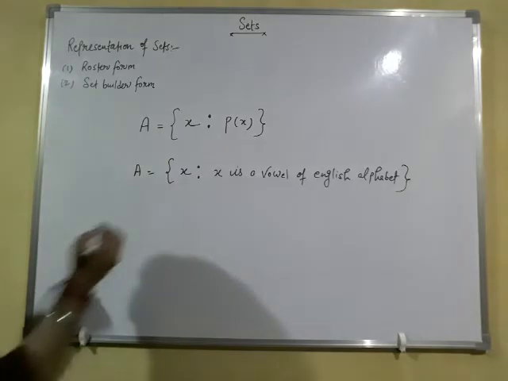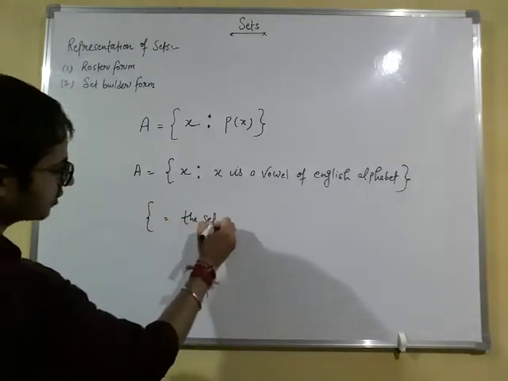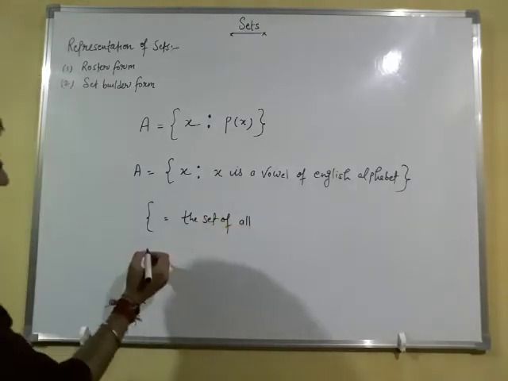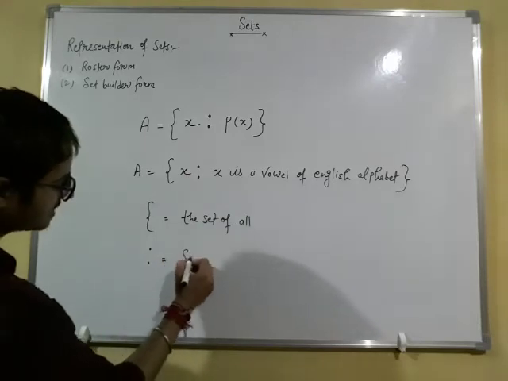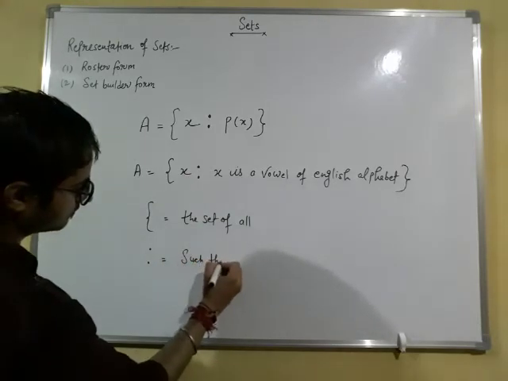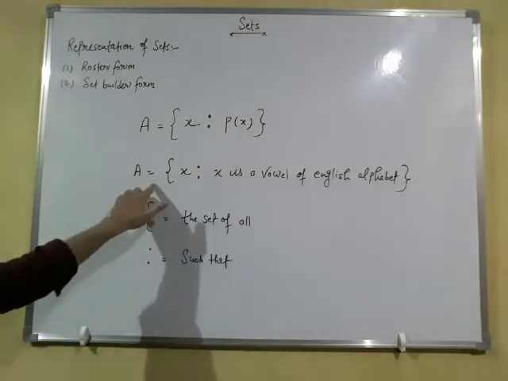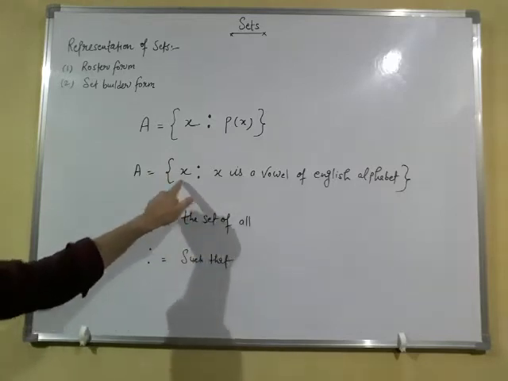The meaning of braces is the set of all. Colon, the meaning of colon is such that. Okay, so you will read it: set A is equal to the set of all x.